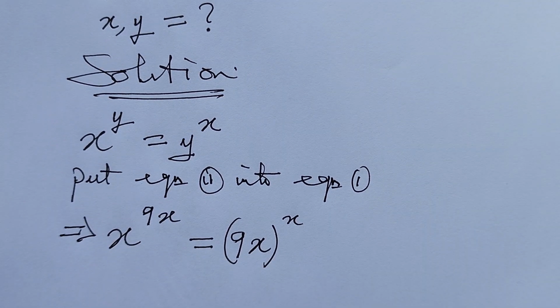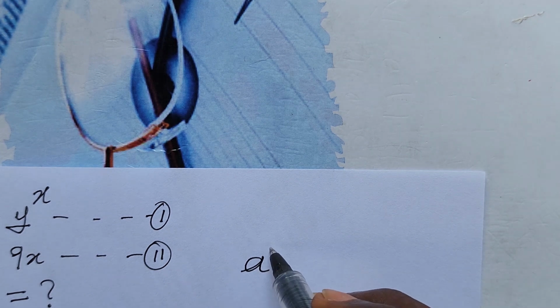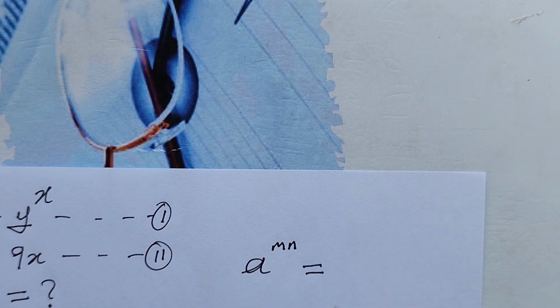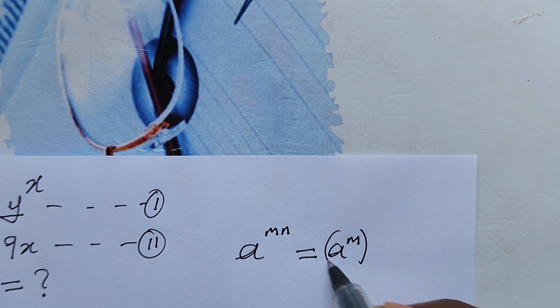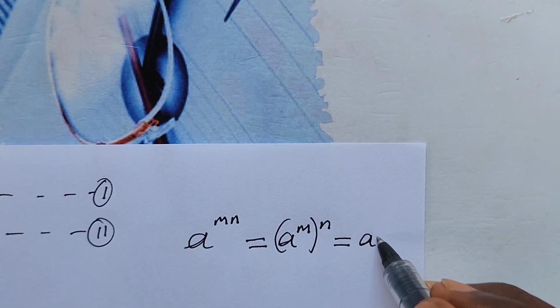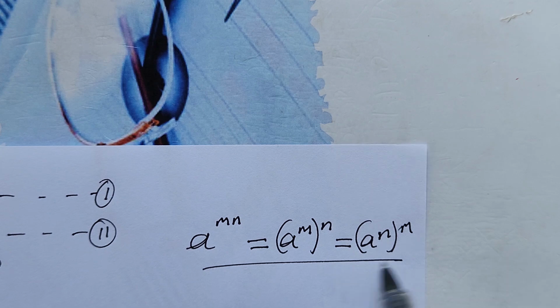Here we discover that we can use this to open up everything. According to the law of indices, if you have a to the power of m times n, this is the same thing as a to the power of m bracket n, which is equal to a to the power of n bracket m.